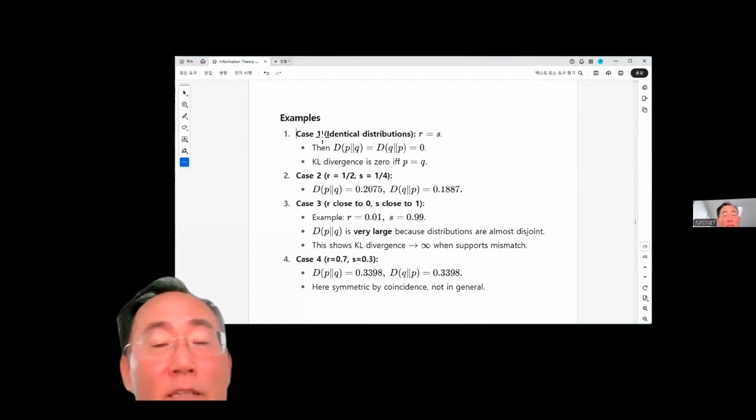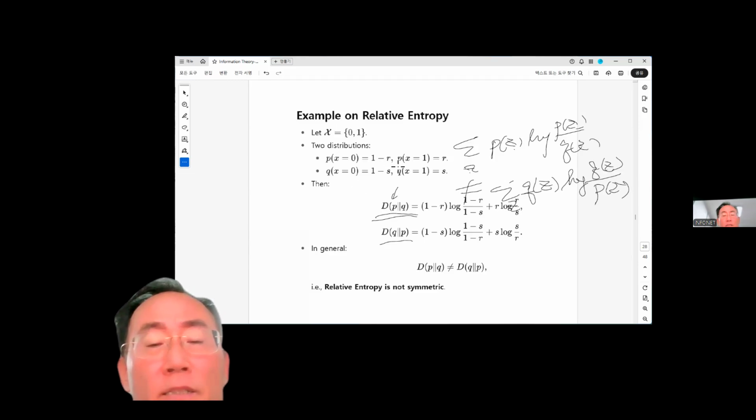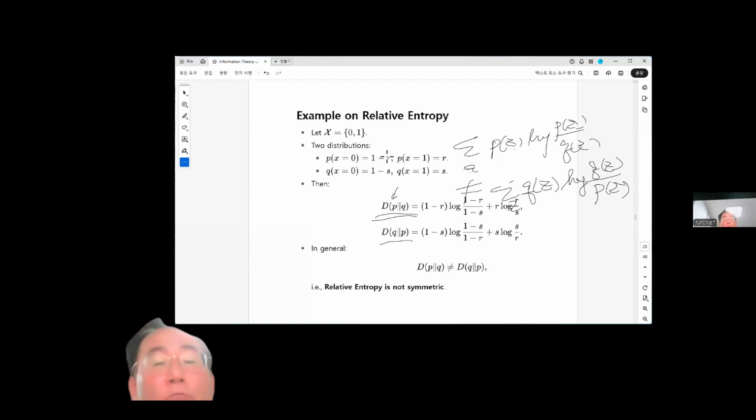And then there are some examples, when we parameterize the distribution P with r, so we are talking about binary, right? And Q with the parameter s.